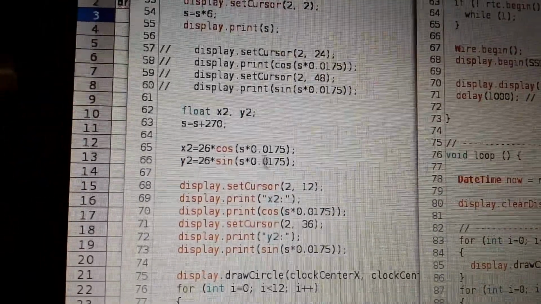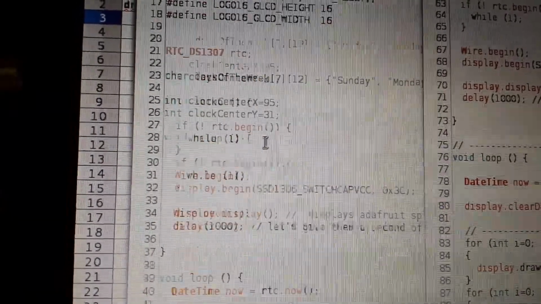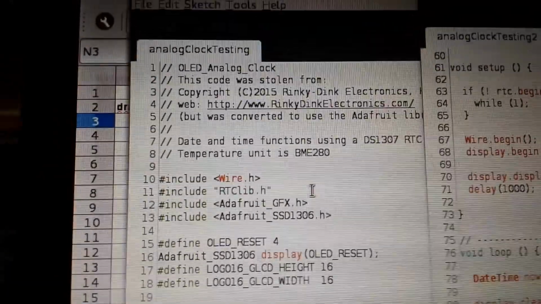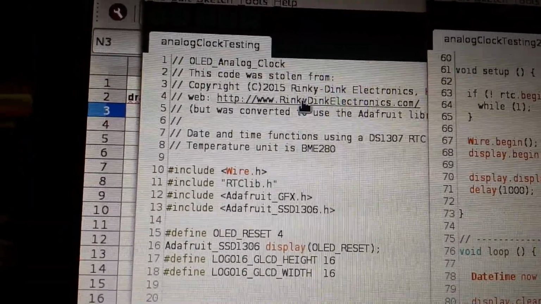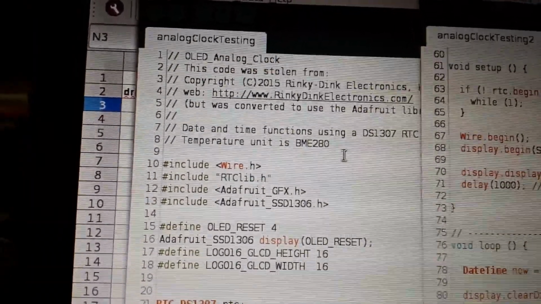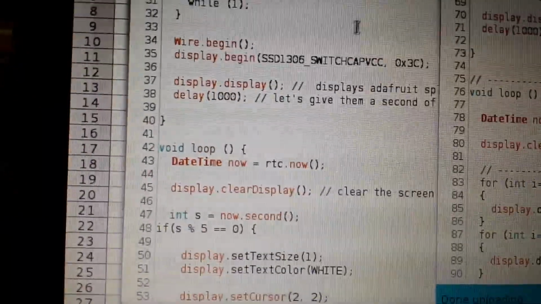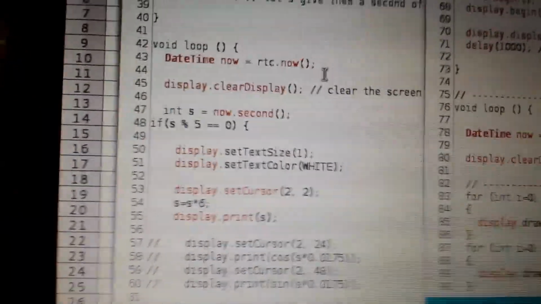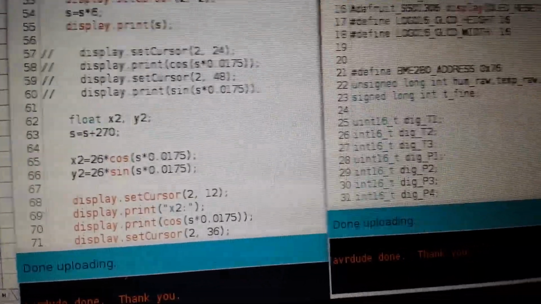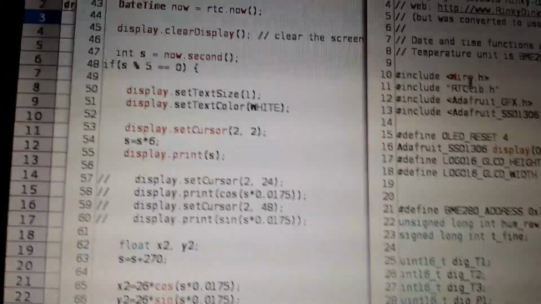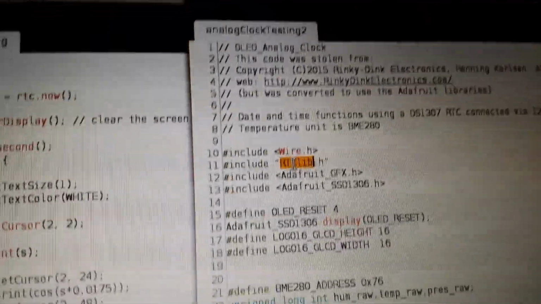The original author, let's see who I stole it from, Rinky Dink Electronics. I stole the code from Rinky Dink. I'm not Rinky Dink. He wrote this code for using a different library, and I didn't use his library.